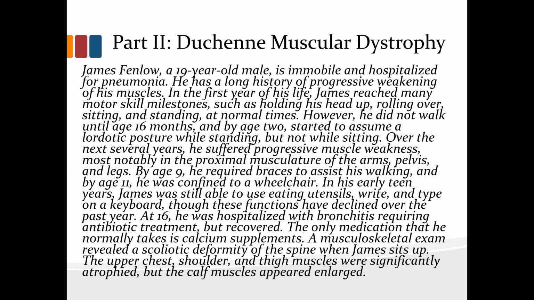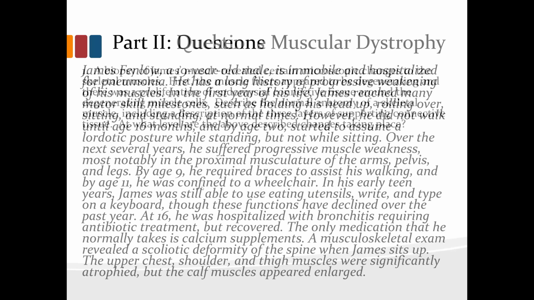At 16, he was hospitalized with bronchitis requiring antibiotic treatment, but recovered. The only medication that he normally takes is calcium supplements. A musculoskeletal exam revealed a scoliotic deformity, scoliosis, of the spine when James sits up. The upper chest, shoulder, and thigh muscles were significantly atrophied, but the calf muscles appeared enlarged.